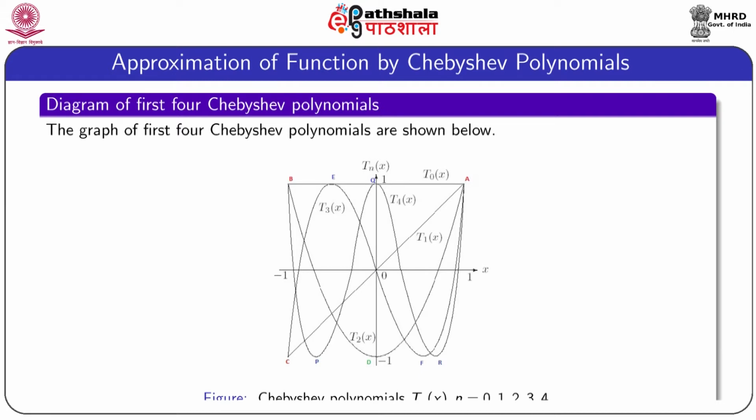The polynomial T3(x) is C to E to F to A, and the polynomial T4(x) is B, then P, then Q, then R and A. So these are the first 5, including the starting polynomial, of the Chebyshev polynomials.